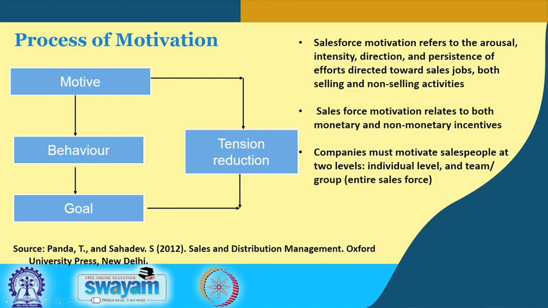A small example, first a general example, and then I'll also give an example related to the Salesforce and marketing scenario. For example, you enter your home in the afternoon. It's a hot summer day, and you enter the home and you're very thirsty.